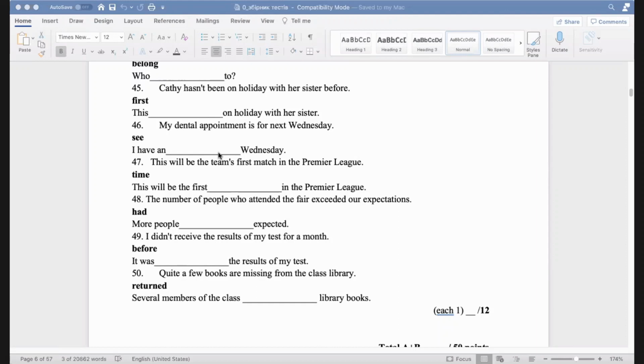Number 47. This will be the first time the team is playing in Premier League. Yes.